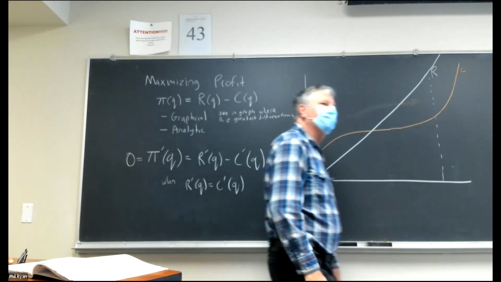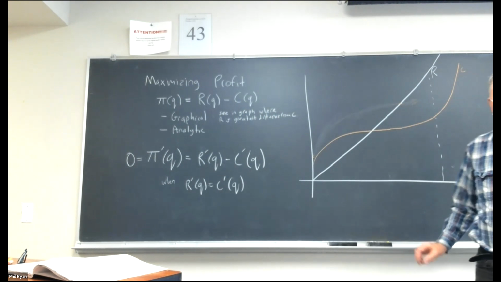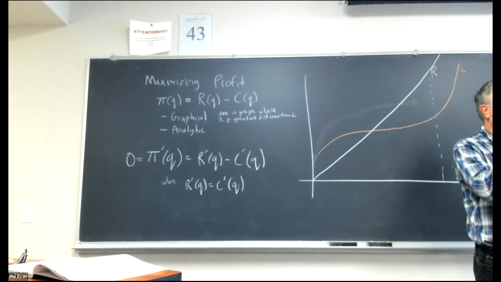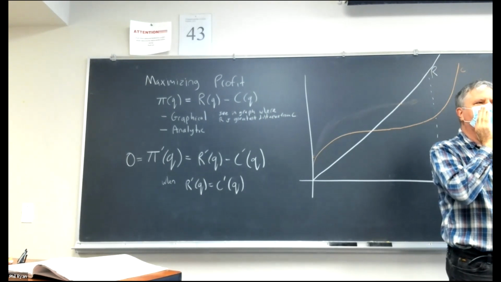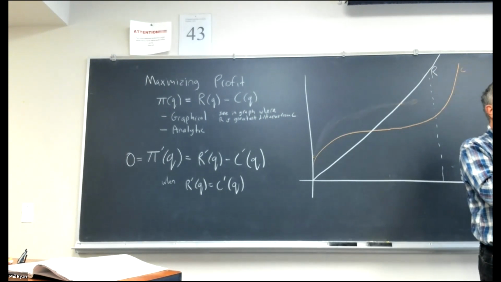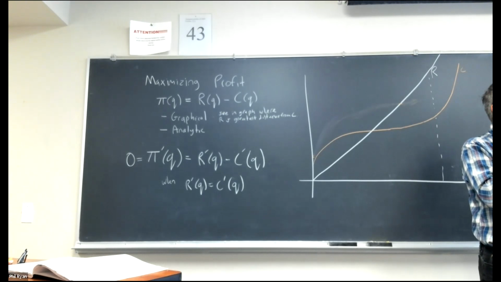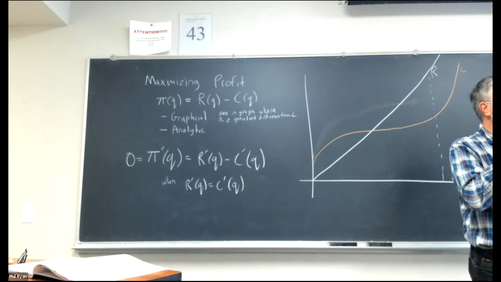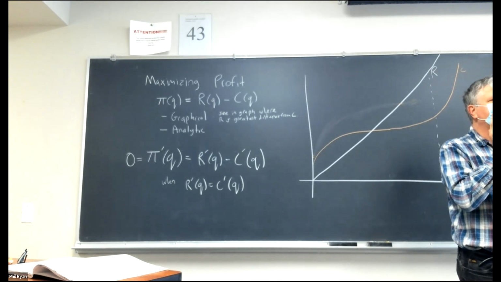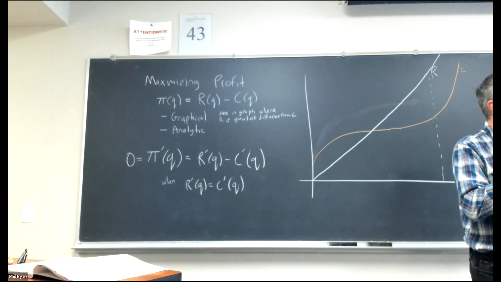Okay, so this is what the model says. Let's think about, does that make sense? So you've got a factory. Remember we saw this before that when marginal revenue is greater than marginal cost, what should we do? We should increase production, right? Because marginal revenue is greater than marginal cost, then by putting that extra unit in, we're going to get extra profit.